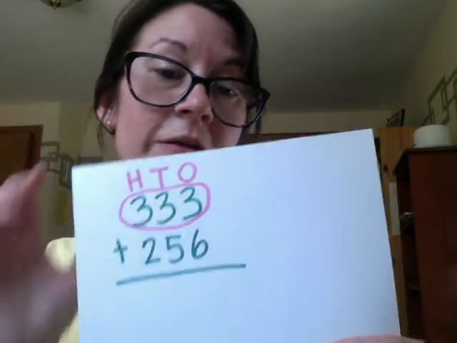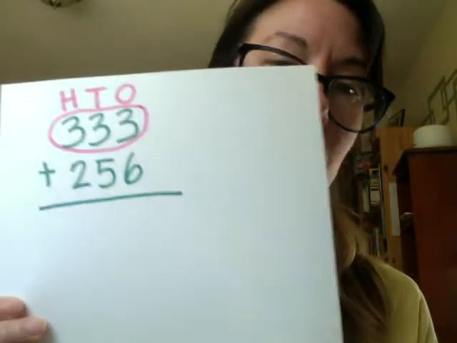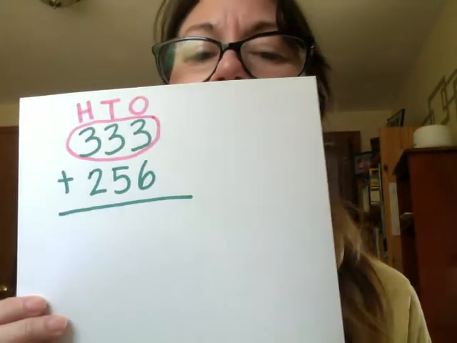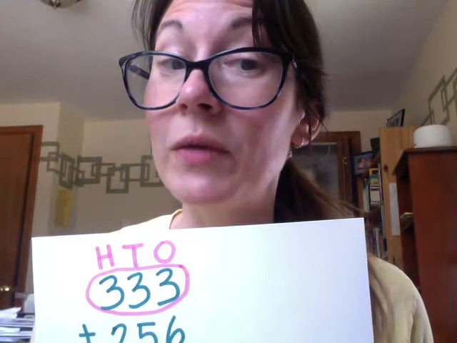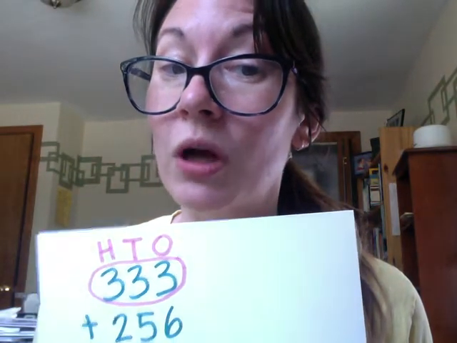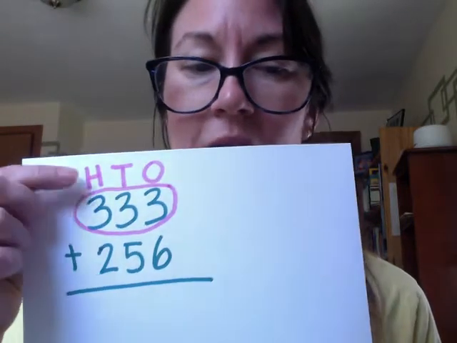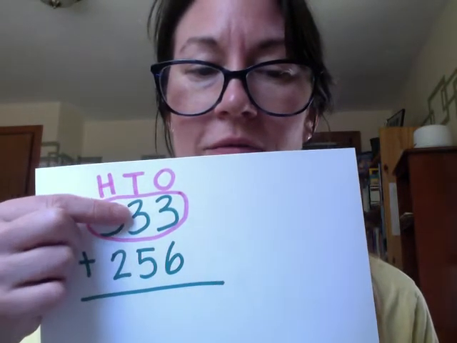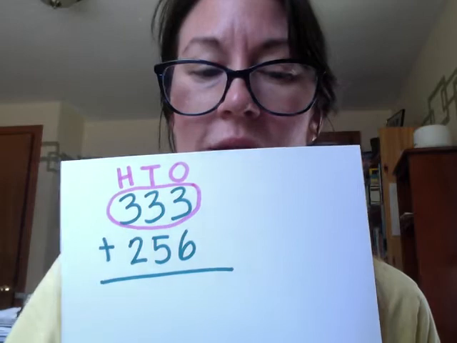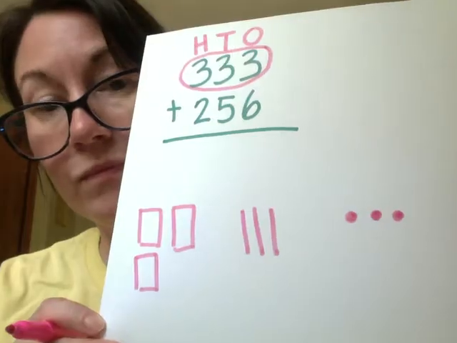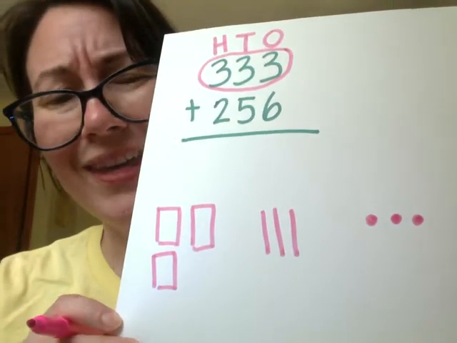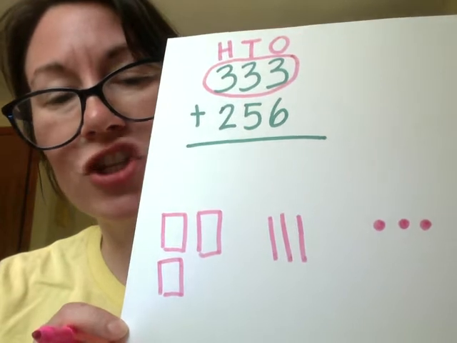So let's see, I'm going to model 3 hundreds, 3 tens, 3 ones. I'll be right back. I'm still going to keep my hundreds, my tens, and my ones a little separated so they're not all squished up on each other. I use this break it down strategy so I don't get tricked.